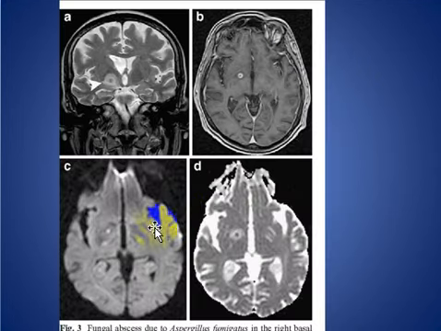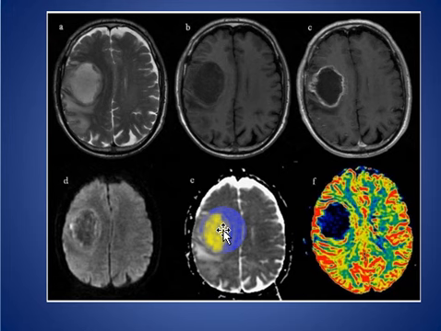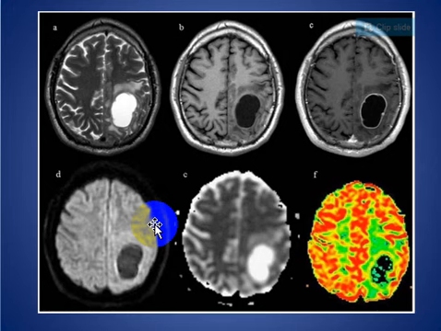Another patient with fungal abscess, and we see it here in the diffusion weighted images. Here, another patient with an abscess with restricted diffusion with ring enhancement and necrotic material here. Another patient with abscess with ring enhancement and restricted diffusion, and this is an abscess.